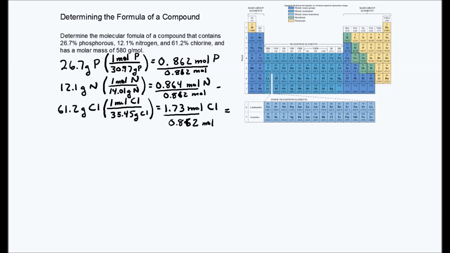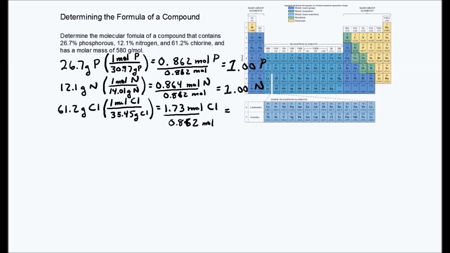And what do I find? Well, 0.862 divided by 0.862 is 1, so I have 1.00 phosphorus. 0.864 divided by 0.862 is 1.00 also, to the significant figures, remember.